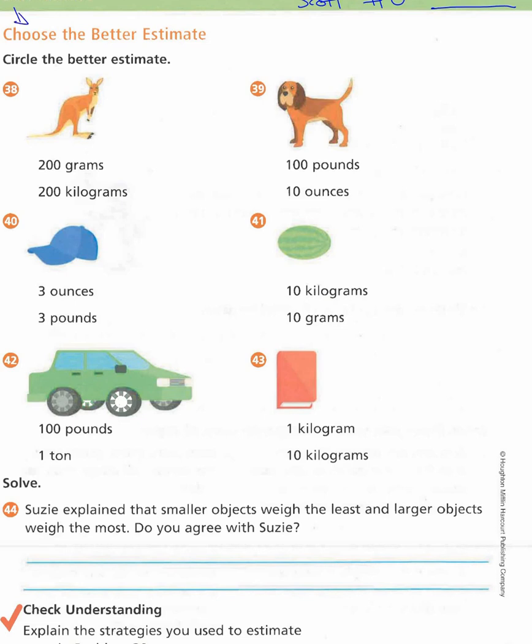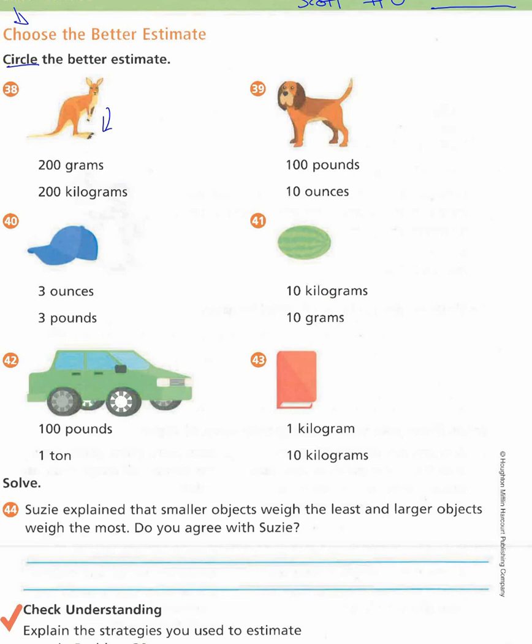So the directions say to choose the better estimate, and we're going to circle the better estimate. So if we're talking about a kangaroo, and remembering that a gram is about the weight of a paperclip, and a kilogram is 1,000 paper clips, right? So here we go. A kangaroo, 200 grams or 200 kilograms.